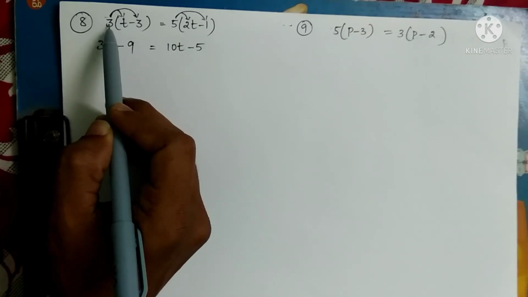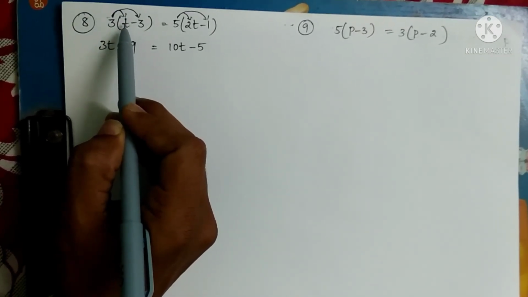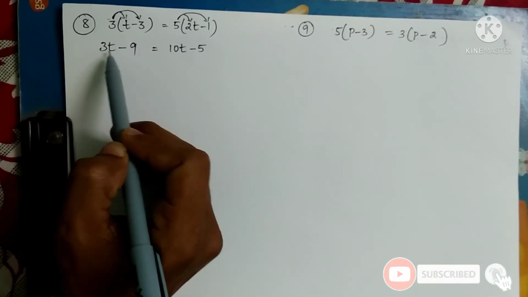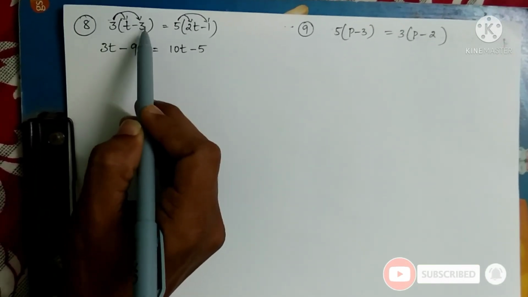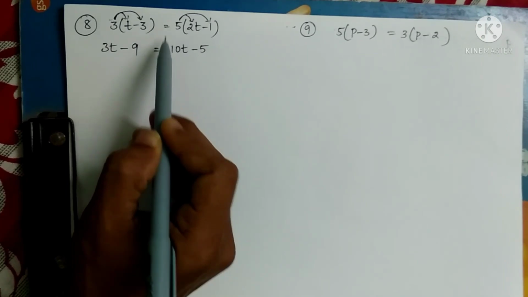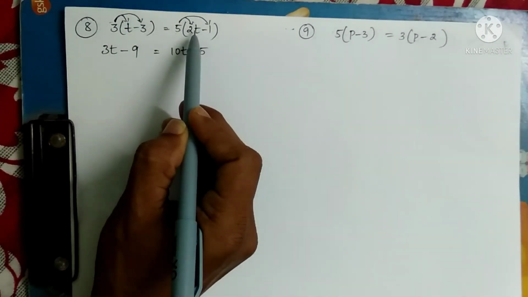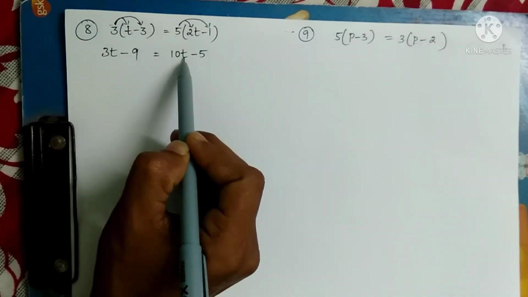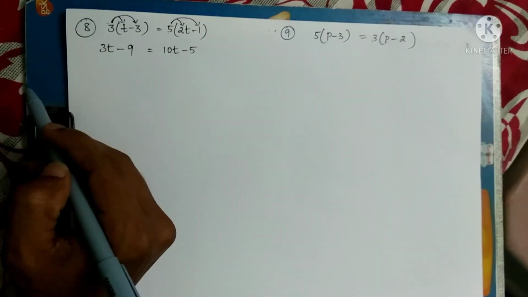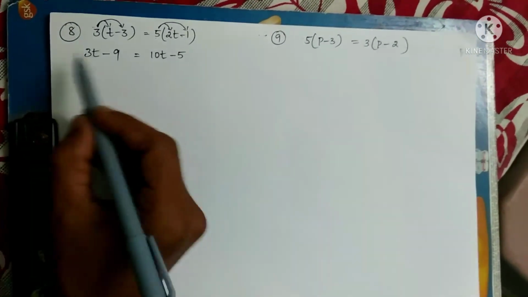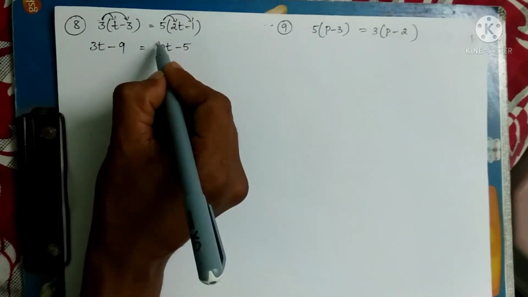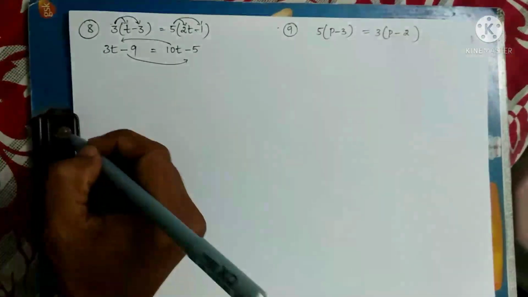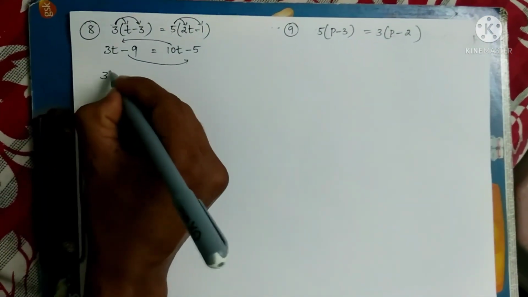First we multiply the 3 to the first term of this expression. 3 into t is 3t minus 3 3s are 9, which is equal to 5 into 2t, 5 2s are 10, into t is 10t, minus 5. Now we can solve as usual by transposing the variables to the left side and the constants to the right side. So 3t, as it is.